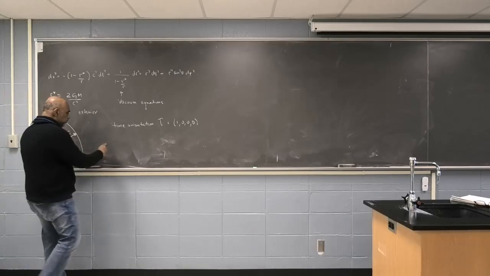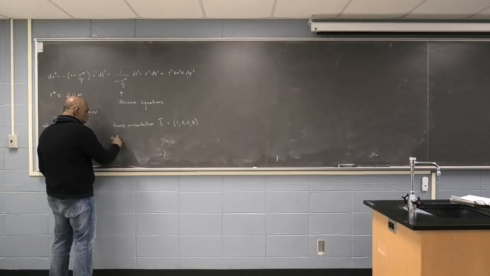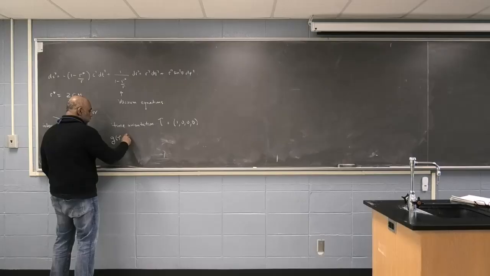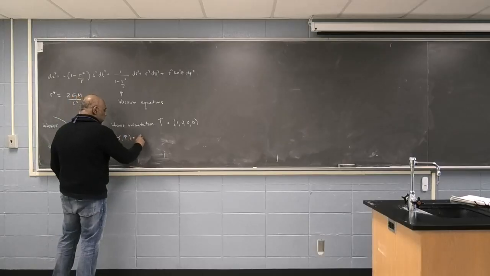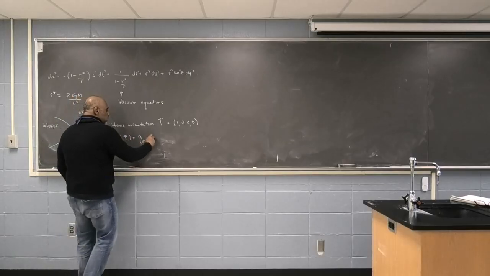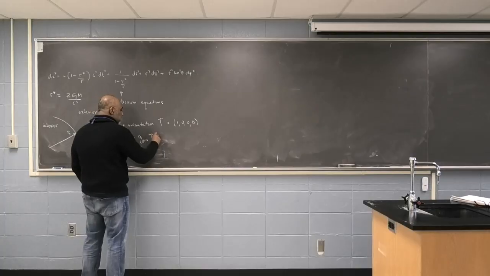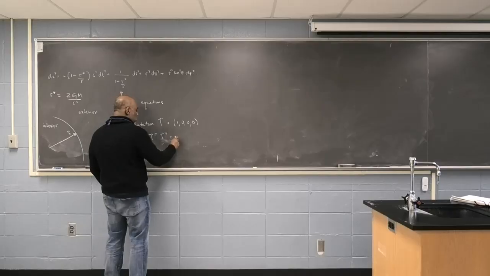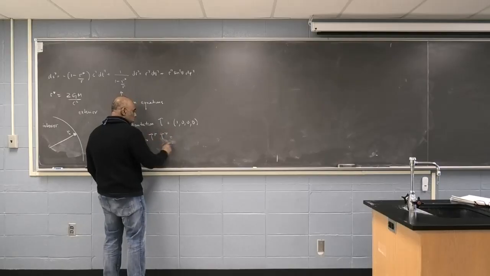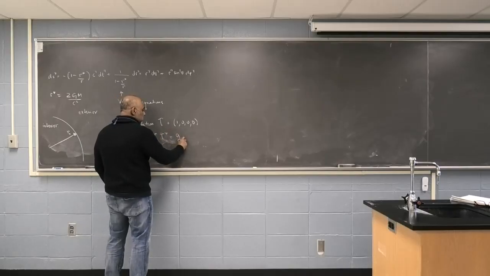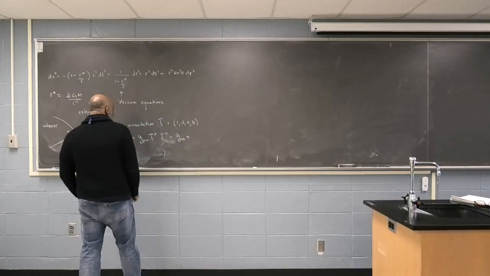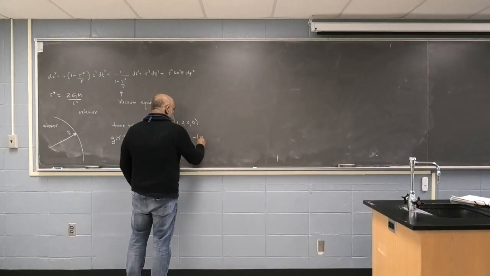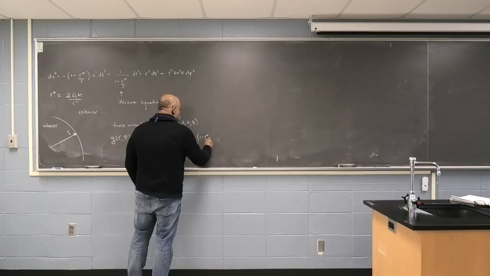Well, for one thing, g of t, t is equal to g mu nu t mu t nu, which is nothing more than, this is only the 0 component, so this is g00, which is minus 1 minus r star over r, and this is time-like.